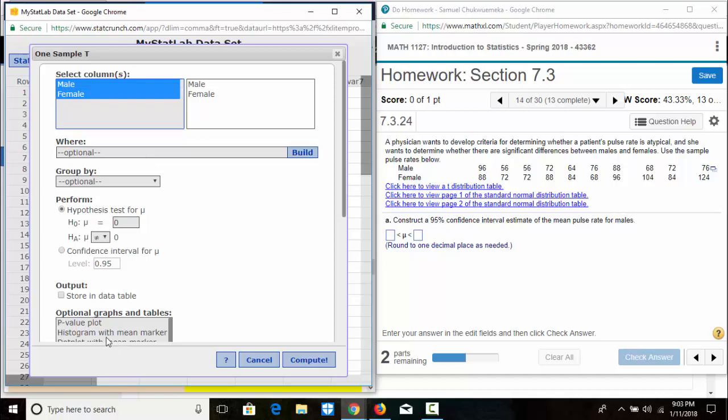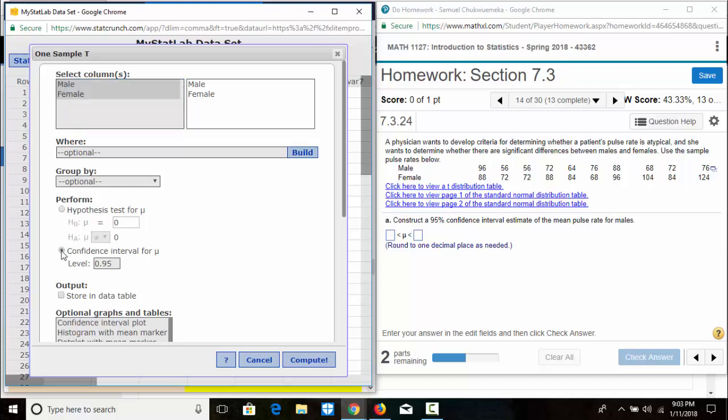Let's see both together. So you click male first, and then you hold your control key and select female. If you are using Mac, then you press your finger on the command key.